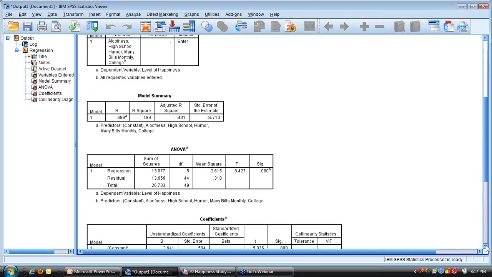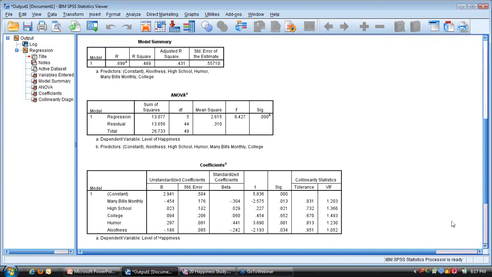Three boxes right here. We're going to look at the model summary, the ANOVA box, and the coefficients. You'll see in the slides the first thing to look at is right here where it says SIG. That tells you if the test is significant. The third box tells you which predictors are significant.